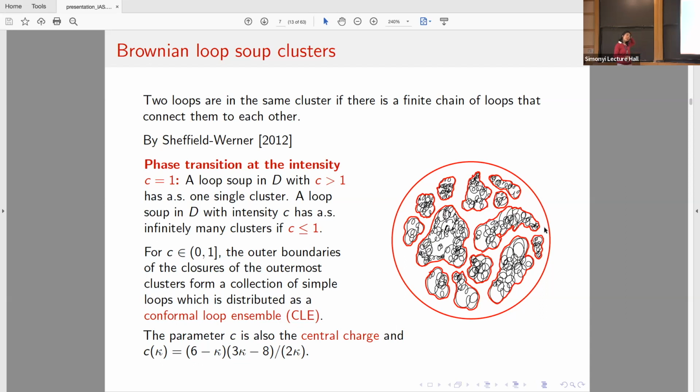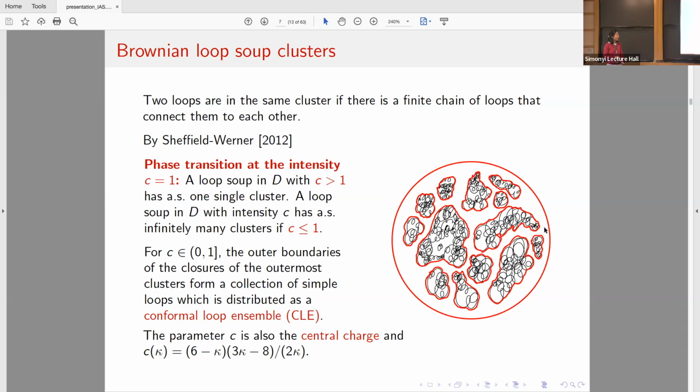There are infinitely many big loops which will go close to the origin, so you end up with just one cluster. Is this for any C? Yes, I think Titus is correct. So it only makes sense to look in some domain which is not the full plane.